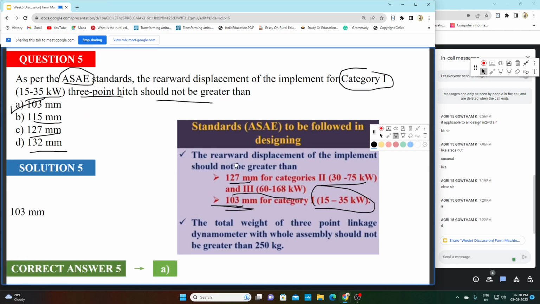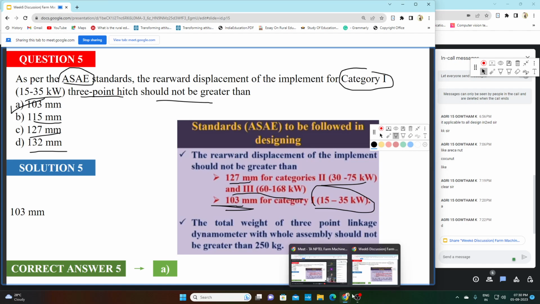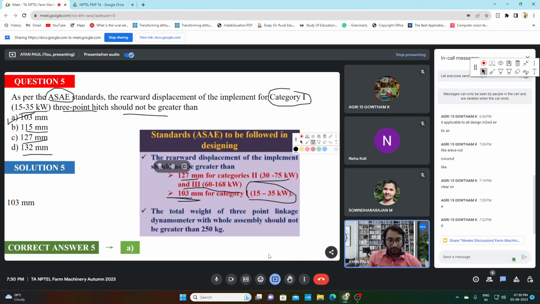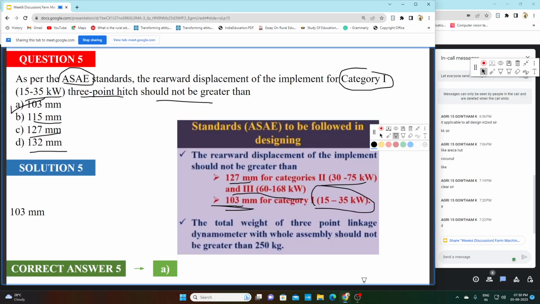This is according to the standard, so this is a proper theoretical question. You have to give the answer according to the standard. So option A is your correct answer. Is this clear to all of you? Okay, fine.